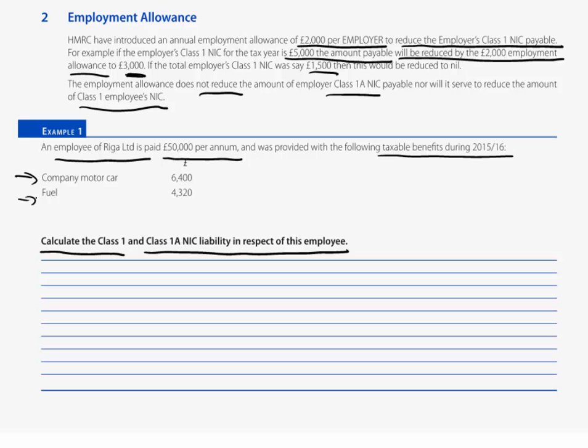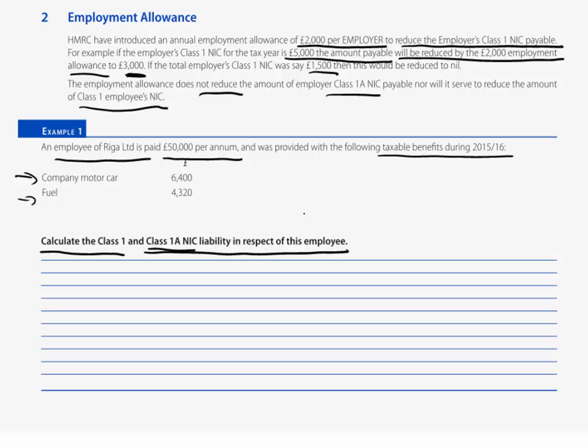In relation to that, you've got Class 1A NIC payable by the employer. So a question could ask you to simply pick out from 4 different lists provided which are the NICs payable. Here the answer would be Class 1 employee, Class 1 employer, and Class 1A NIC by the employer.